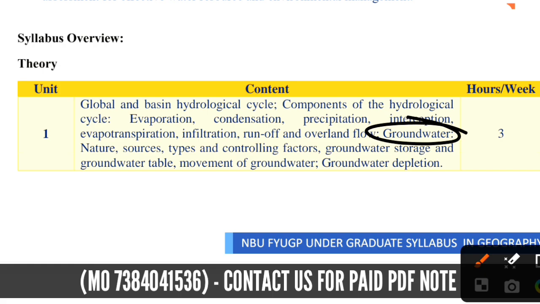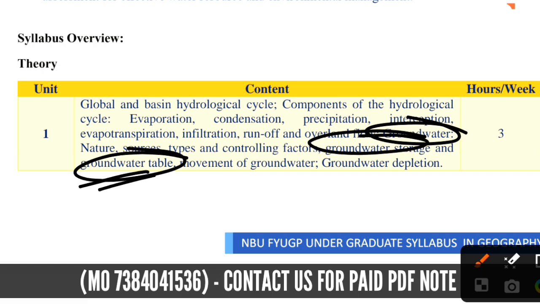Then you have groundwater storage and groundwater table. You also have to study the movement of groundwater.